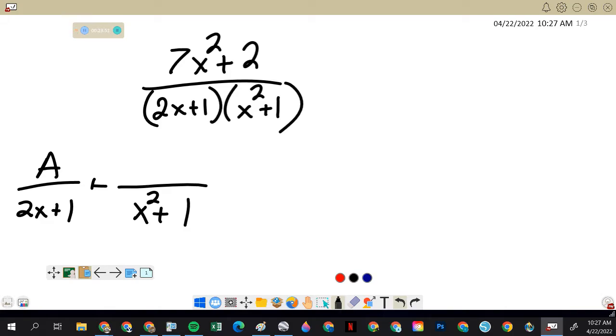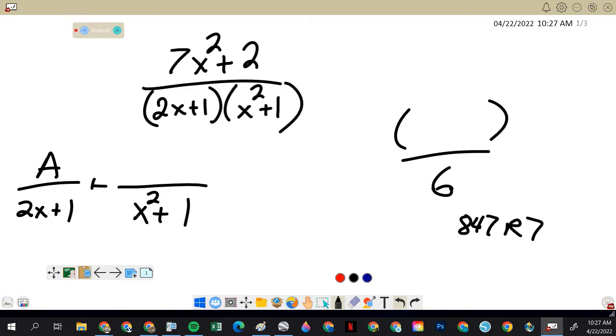If I took 45 and I divided it by 6, I'm going to get 7 remainder 3, right? If I had a really big number and I divided it by 6 and I told you that the answer was 847 remainder 7, what are you going to tell me?